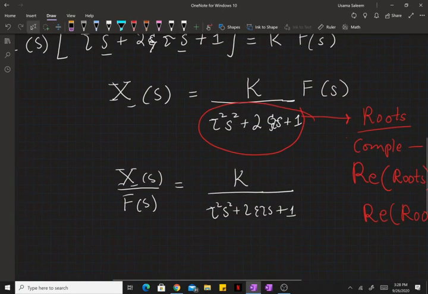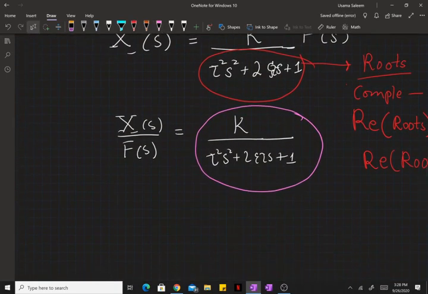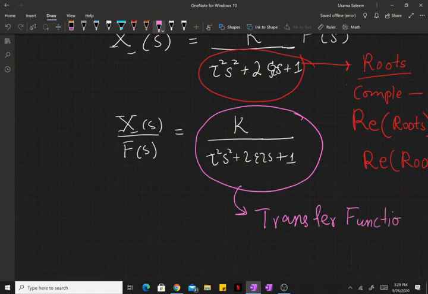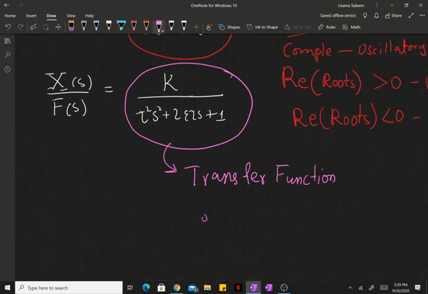This, ladies and gentlemen, right here is what we have obtained: the transfer function. This expression represents the transfer function of the variable x with respect to the variable f.